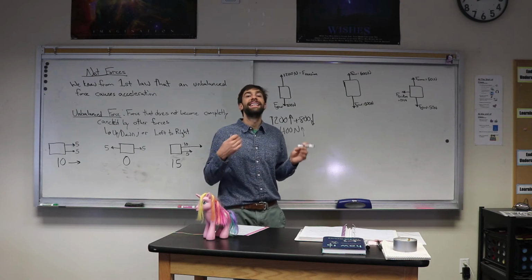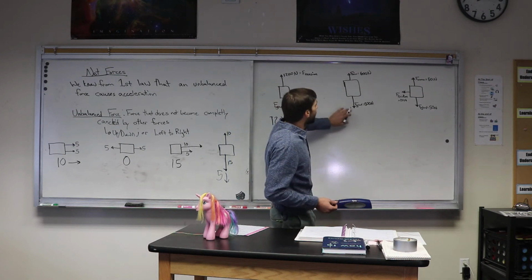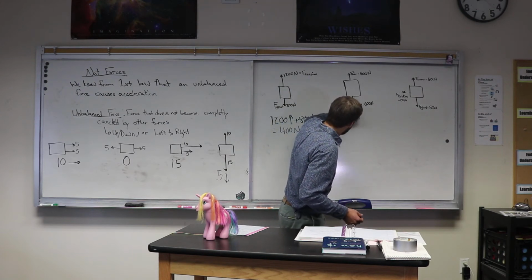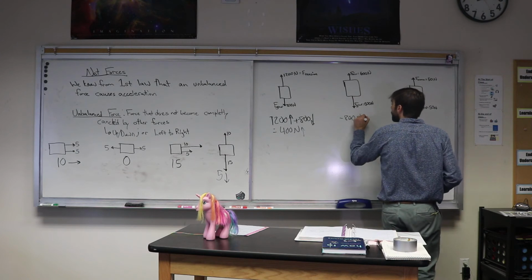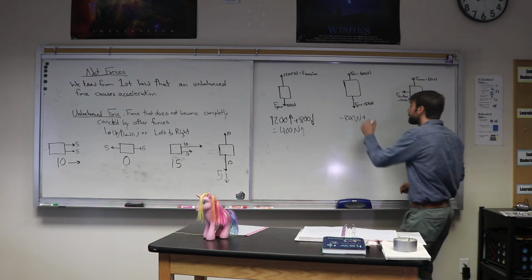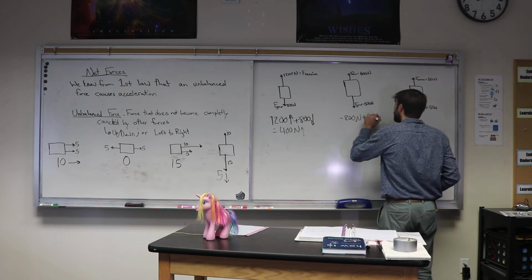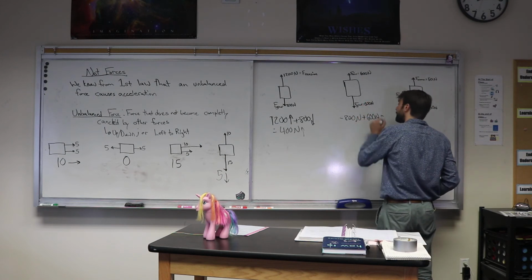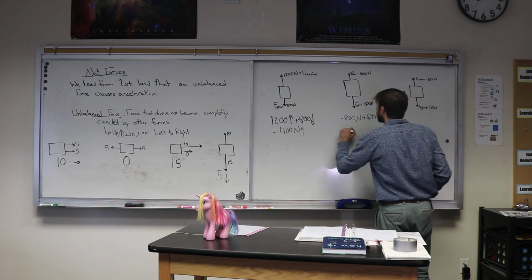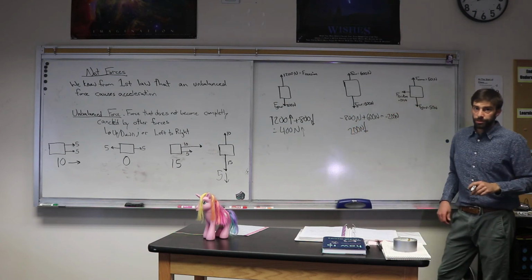We want to find the net force on Physics Pony. Well, we can say minus 800 newtons plus a positive 600 newtons, because it's going up, equals minus 200 newtons, or 200 newtons downwards, okay?